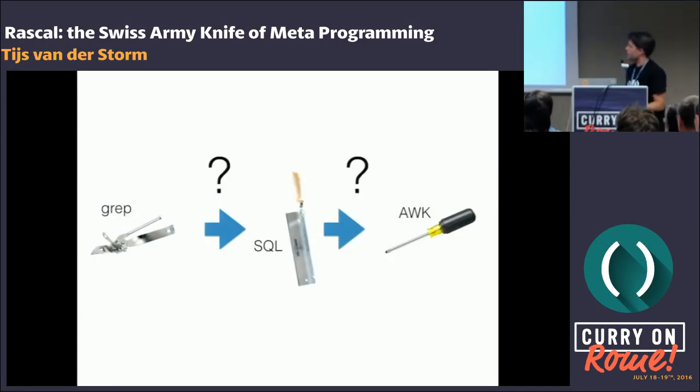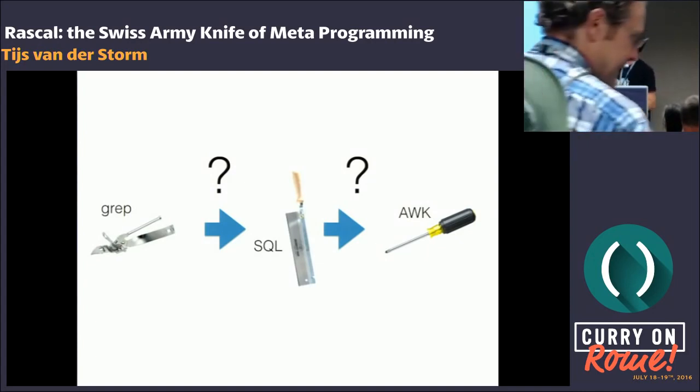So to make this a little bit clearer, let's have a hypothetical, maybe even pathological example where you do some grep on some source code. You get some results of the matching regular expression. You want to import it into SQL to do some querying or joining or group by, whatever. And then you want to export that to some other script to actually generate something else from it, right?